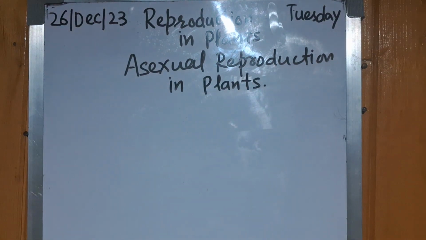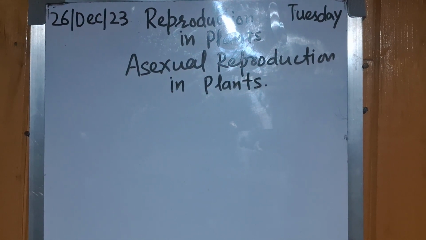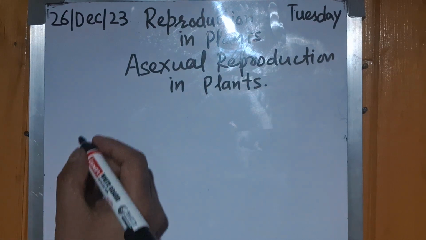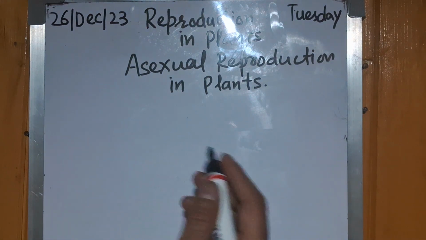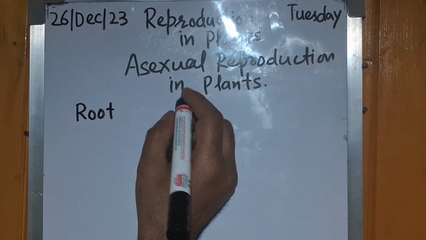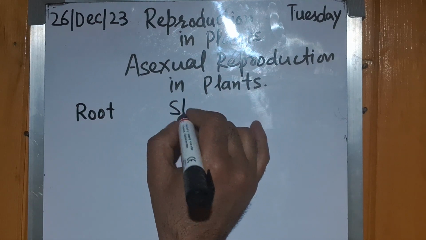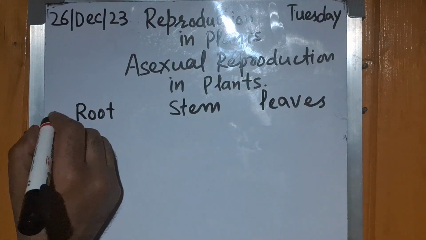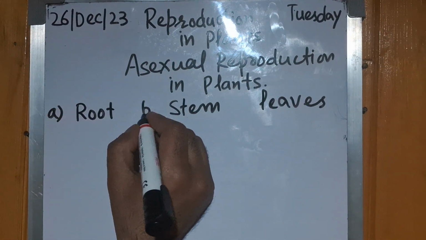As I told you, asexual reproduction is that type of reproduction in plants in which no sex cell or gamete cell is involved. Different parts of the plants are involved for the production of new plants. These parts of the plants are known as vegetative parts. Sometimes these parts, such as roots, stem, and sometimes leaves in some plants, are involved for the production of new plants.